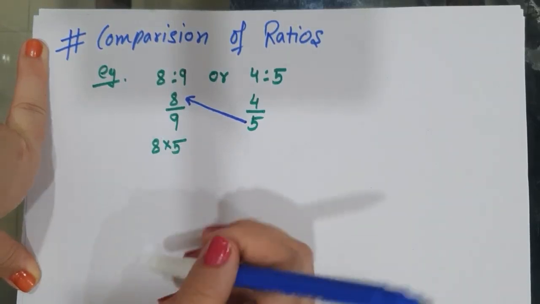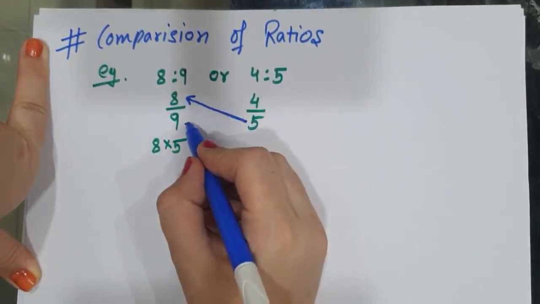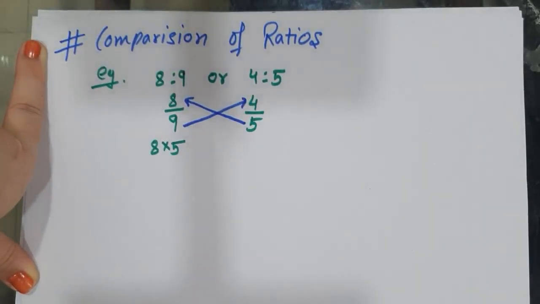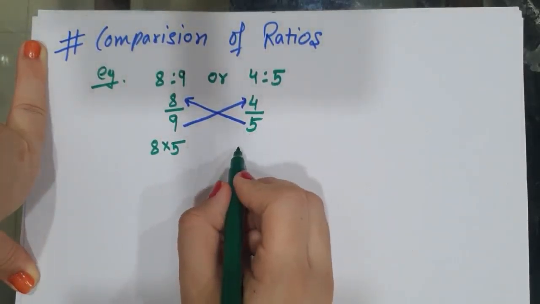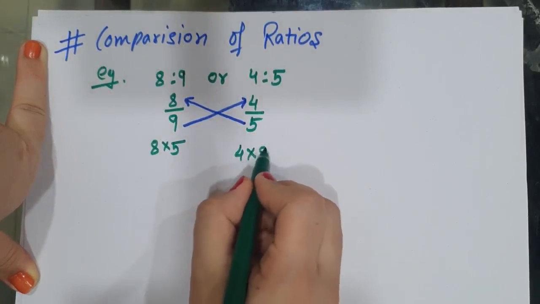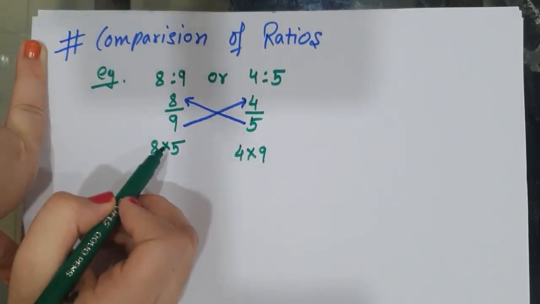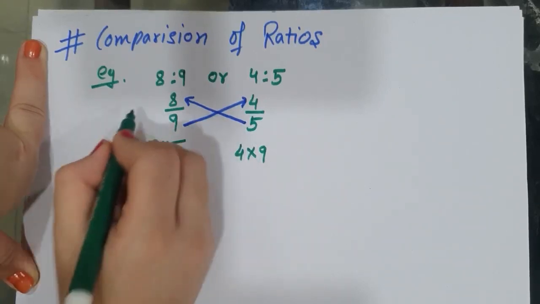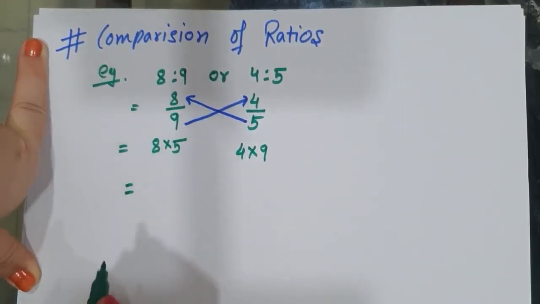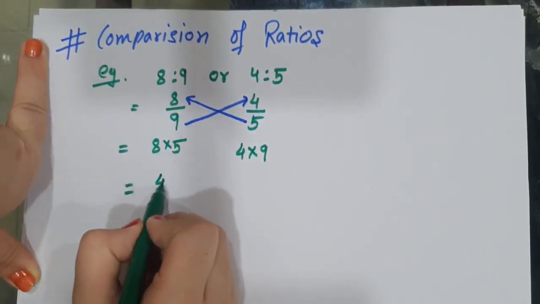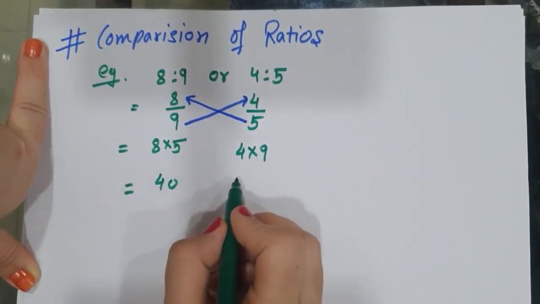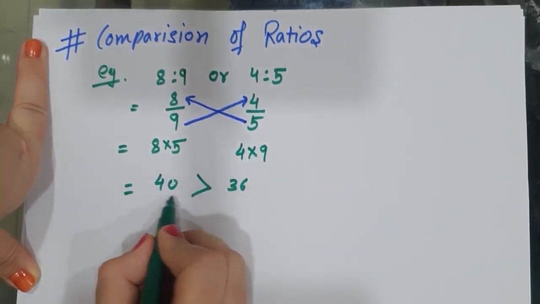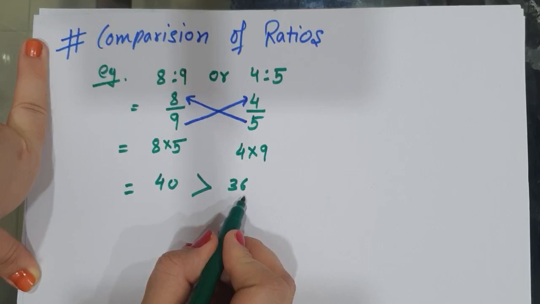In the same way, the denominator of the left fraction should be multiplied with the numerator of the fraction on the right. And make sure you write it just below the fraction. Only then will you be able to reach your answer easily. 8 5s are 40. 9 4s are 36. I can see the left number is greater than the right number.